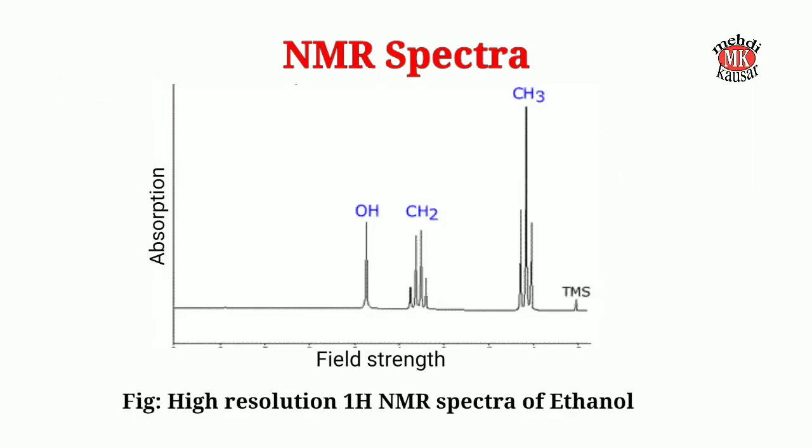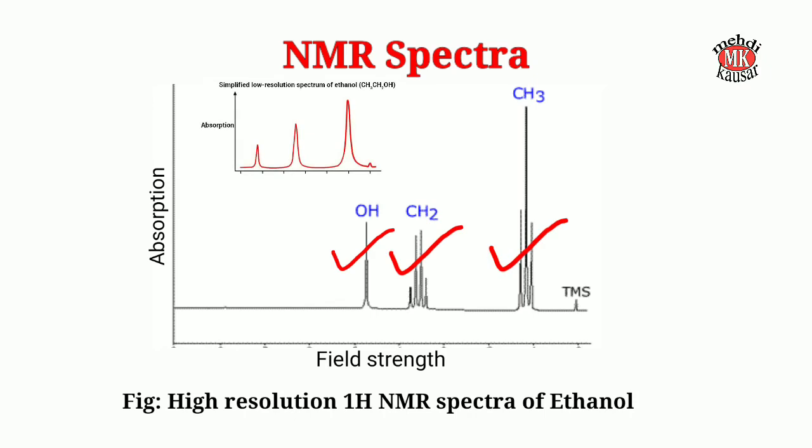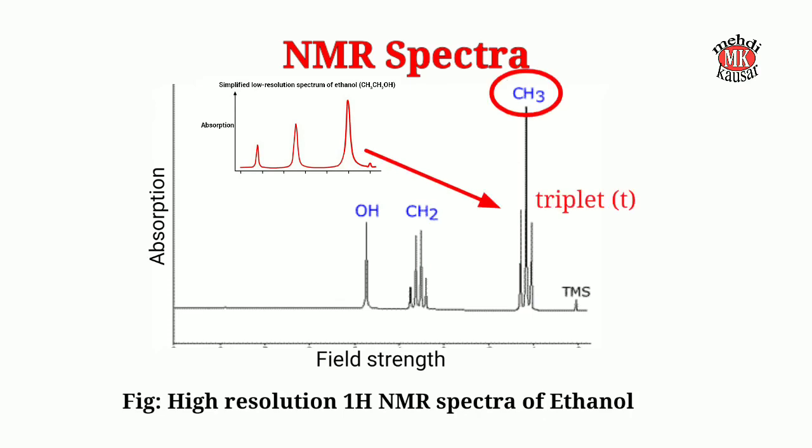Therefore, we can conclude that in ethanol, due to the presence of 3 groups of equivalent protons, we get 3 signals, and due to the spin-spin interaction, the signal of the CH3 proton splits into a 1:2:1 triplet due to the presence of the neighboring CH2 protons.